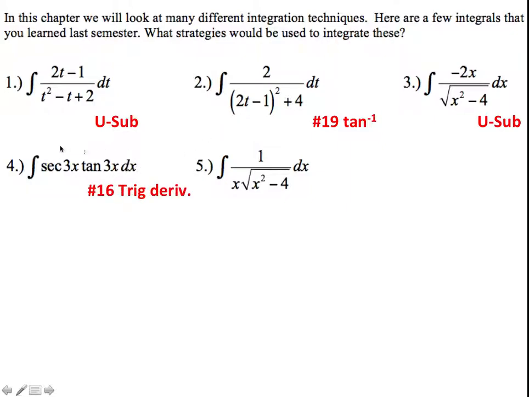This is a number 16. This is your secant tangent pattern for the antiderivative. We'll work with that a little bit. And then this is a number 20 that we see occasionally from time to time. So we're going to come up with some strategies here. Some we're going to revisit, like the u sub. Others we're going to learn for the first time.